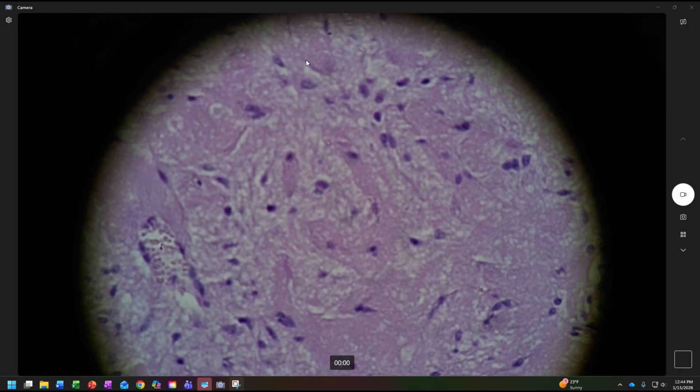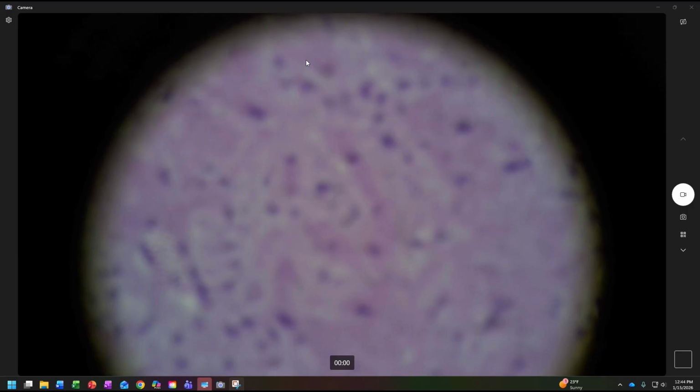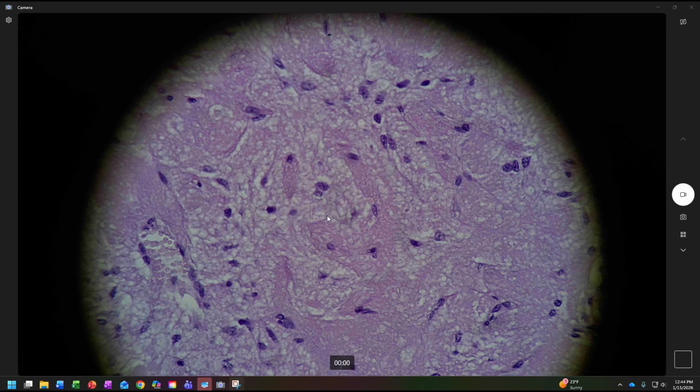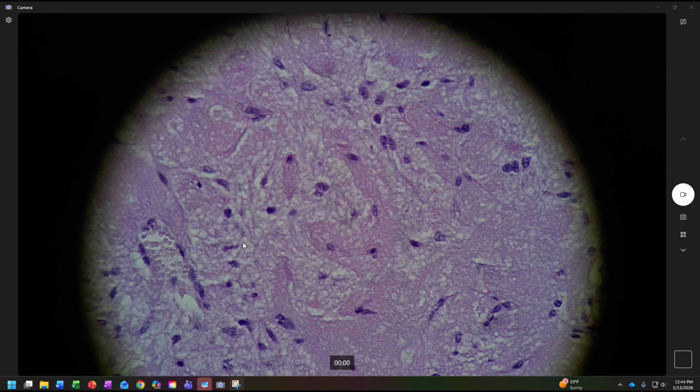Let me get a little more in focus. Yep, almost, there we go. I think that's good. Yeah, so again, the nuclei are not so packed together. It looks a little more wispy. Now, I don't know what all this tissue is.